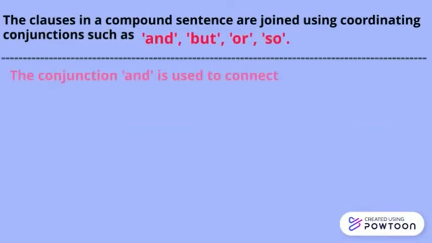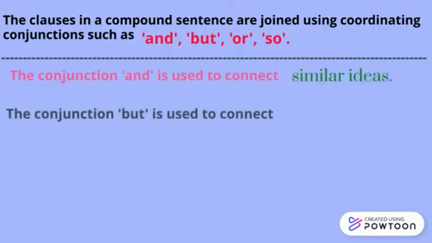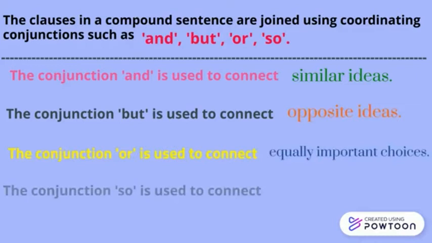The conjunction and is used to connect similar ideas. The conjunction but is used to connect opposite ideas. The conjunction or is used to connect equally important choices. The conjunction so is used to connect continuation of ideas.